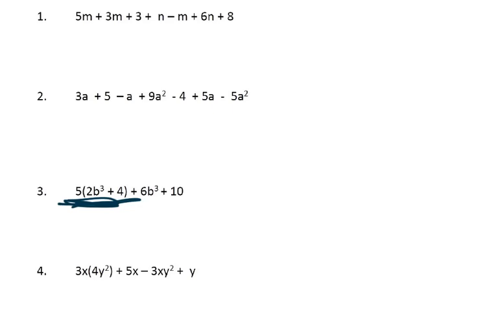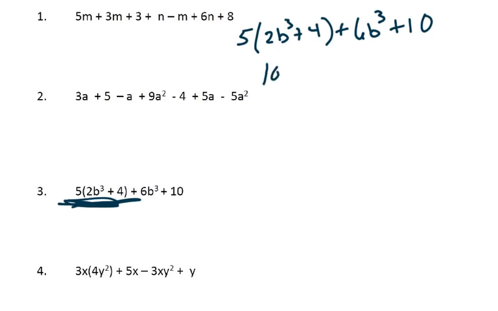So I have 5 times 2b cubed plus 4 plus 6b cubed plus 10. So I'm going to distribute my 5. So I'm going to take 5 times 2b cubed, and I will get 10b cubed. And then I need to take 5 times 4, and I will get plus 20. Then everything else comes straight down. Plus 6b cubed plus 10.